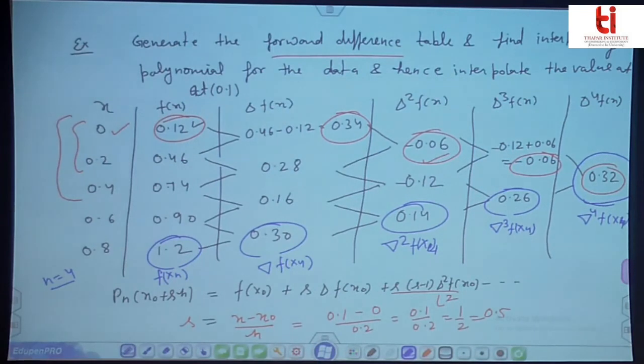If we are using simply the forward formula, this is the value of f x0, this is the value of del f x0, this is the value of del square f x0, this is del cube f x0, and this is del 4 f x0, about the first point. So the same table will be here.